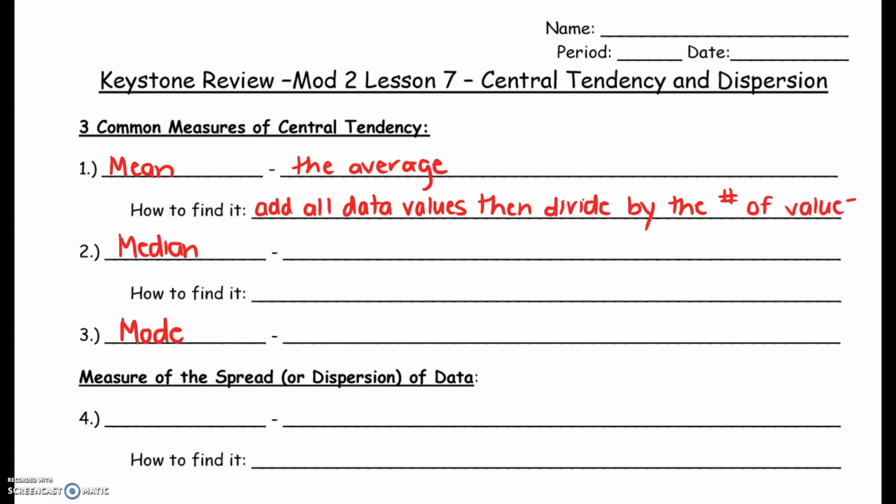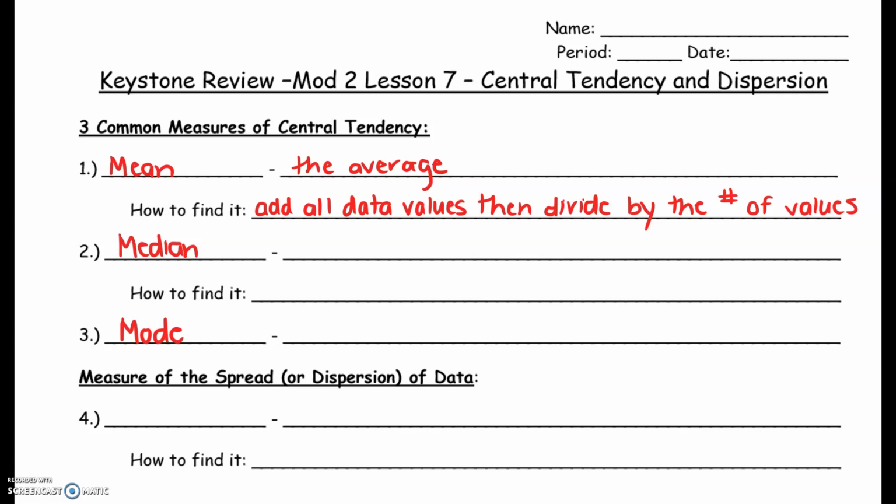So if we have 5 data values, we would divide by 5. If we have 20 data values, we'll divide by 20. We add all the numbers together and then divide by how many numbers there are, and that will give us the average, which is also known as the mean, one of the first measures of central tendency.